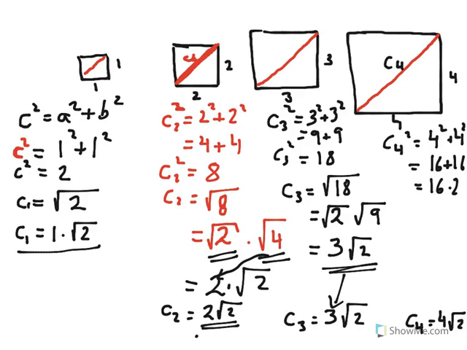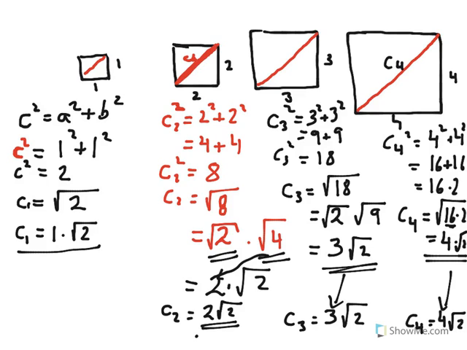If c4 squared is the same as 16 times 2, c4 must be the square root of 16 times 2. I'm writing it this way because it makes sense to keep it as the number times 2, because we know that the square root of 16 is 4. So we can take that outside already. The square root of 16 is 4, multiplied by root 2. 4 times root 2 was the answer that I would have expected.